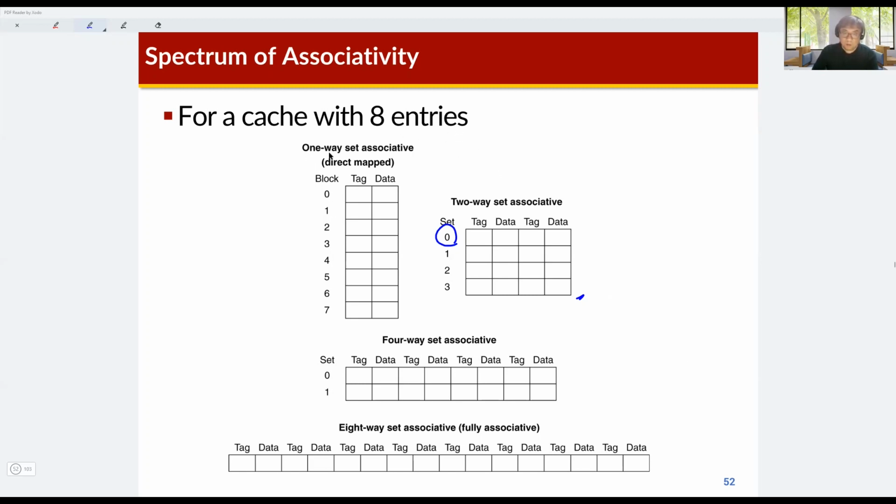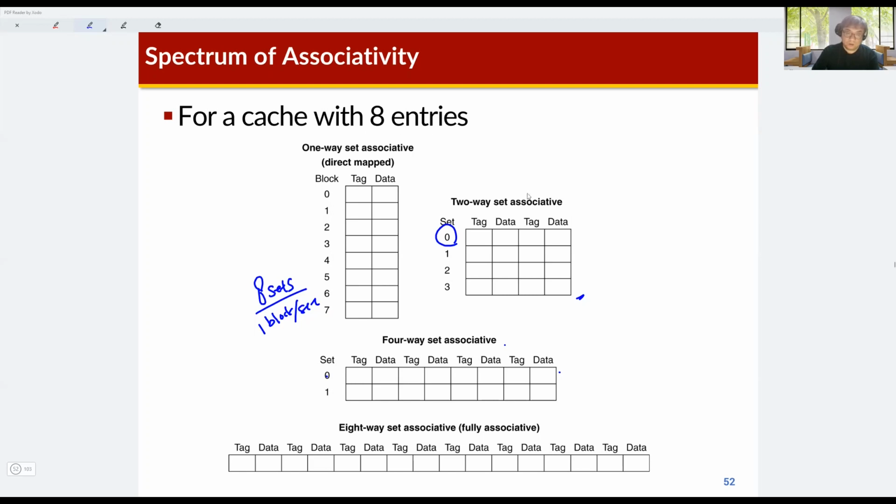The one-way set associative cache, meaning the direct mapped cache, has 8 sets, and each set has only one block. How about the two-way set associative cache?